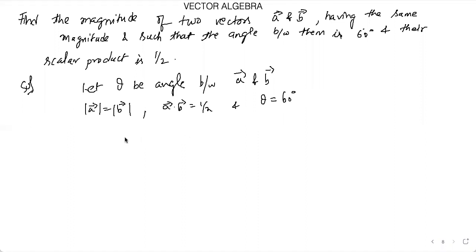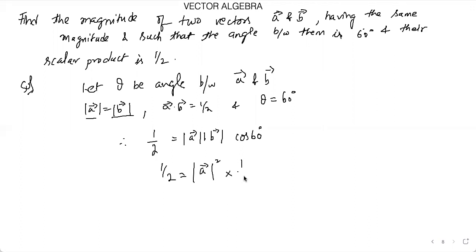So therefore this will be half, which is mod A mod B cos theta, 60 degrees. Now again since mod A is equal to mod B, this will be mod A whole square.